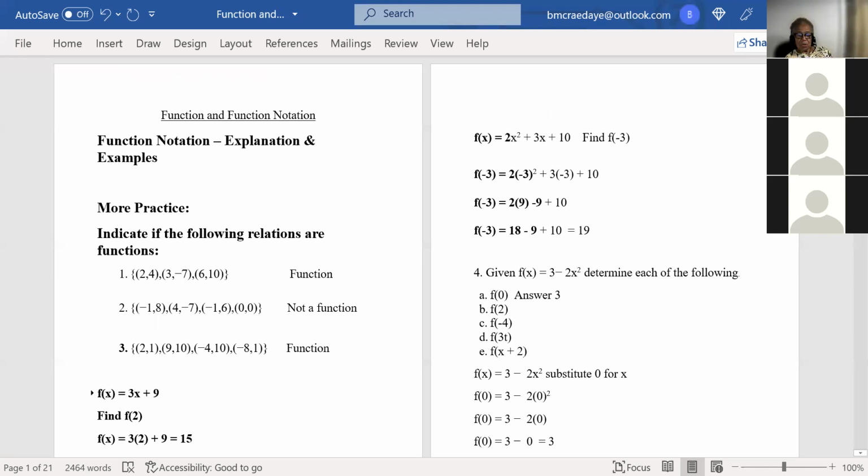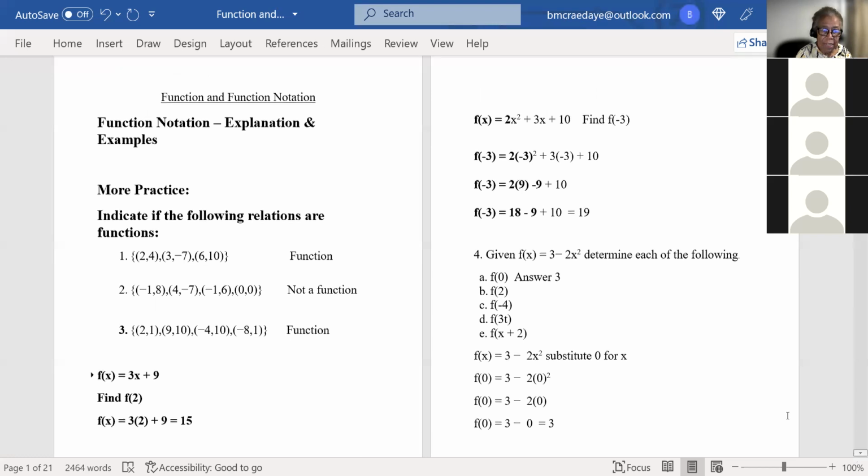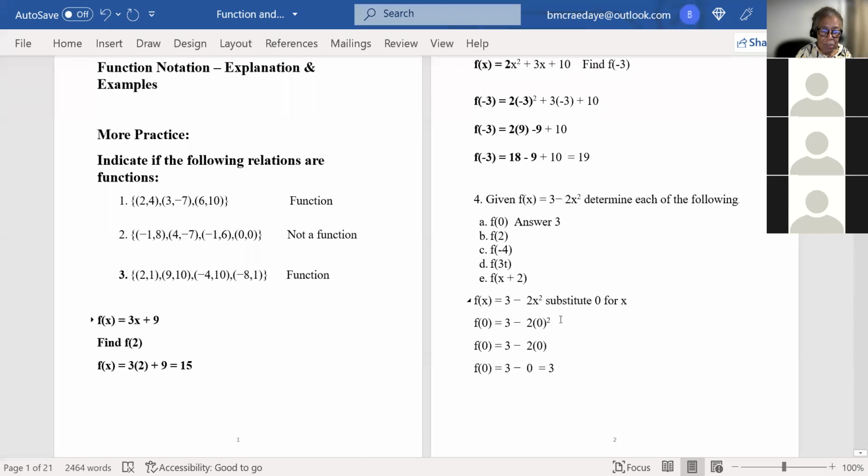Okay, so we're doing number 4, and 4 has 5 parts where we substitute in different values. Now we just did f of 0. Audrey did that one. So wherever there's an x, she put a 0. So 2x squared is 2 times 0 squared, which gives you a 0, and any number times 0 is 0. So 2 times 0 is 0.